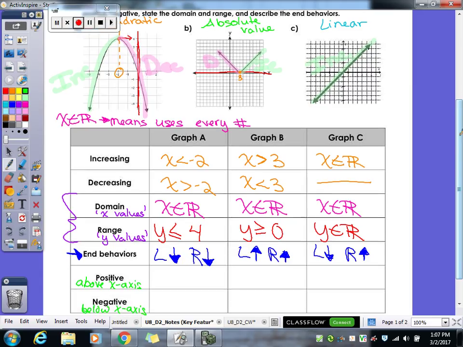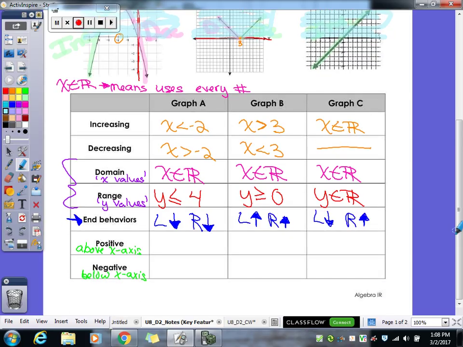So looking at my graphs up here, if we shade it a little bit, this part of my graph is positive, everything above my x-axis. So when I shade that in a little bit, my quadratic has some positive parts, but it also has some negative parts. Is my absolute value ever negative? No, that's entirely up in the positive region. And then how about our line over there? We got some positive, right? And then we got some parts of it negative.